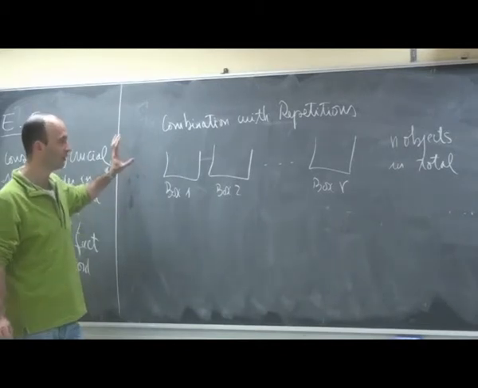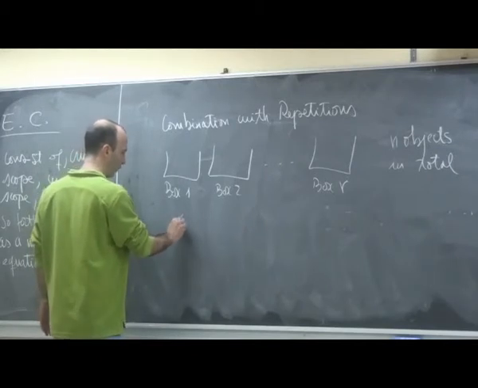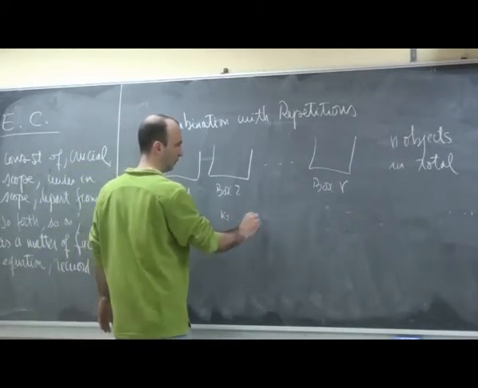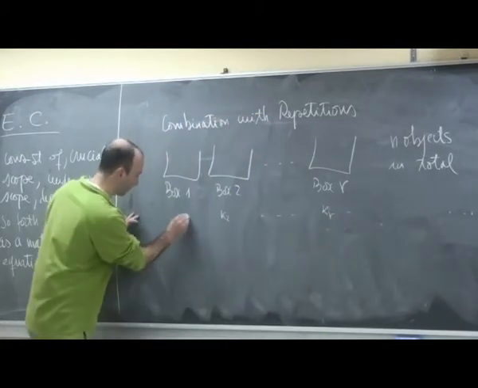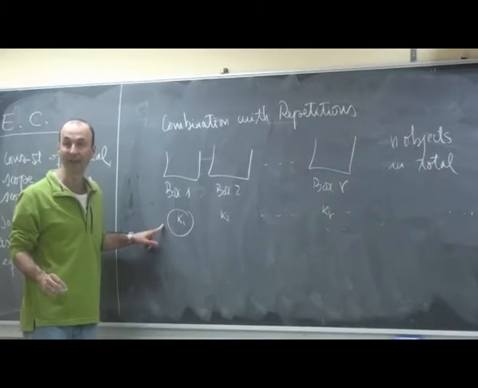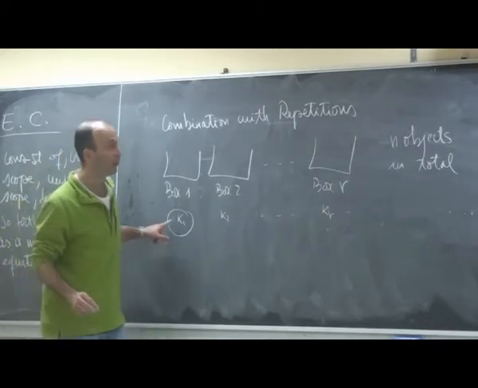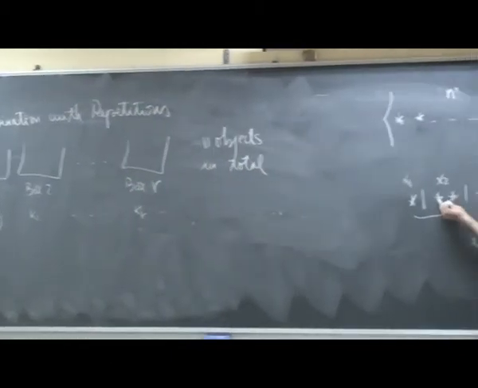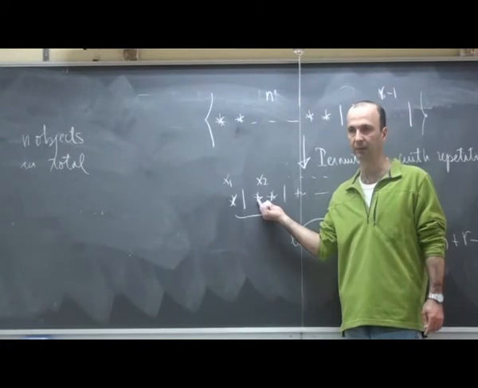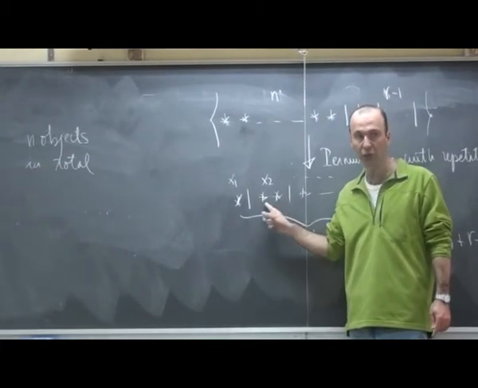If I have k1 here, k2, and so on up to kr, the order among these elements doesn't matter. If I permute these two, I'm getting the same solution.